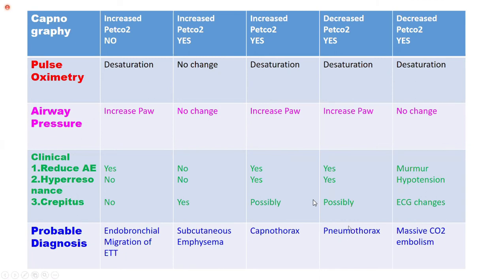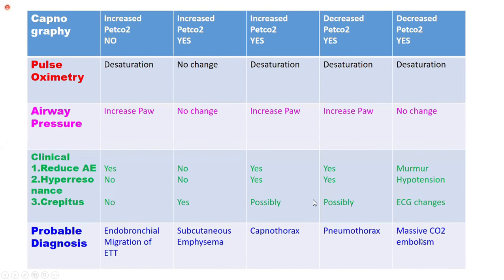Whereas in pneumothorax, the EtCO2 is decreased, not raised. The patient desaturates, airway pressure increases, air entry reduces, hyperresonance is there, sometimes crepitus also may be there. So the main difference between capnothorax and pneumothorax is in EtCO2. If the EtCO2 increases, it is capnothorax. If it is decreased, it is pneumothorax.